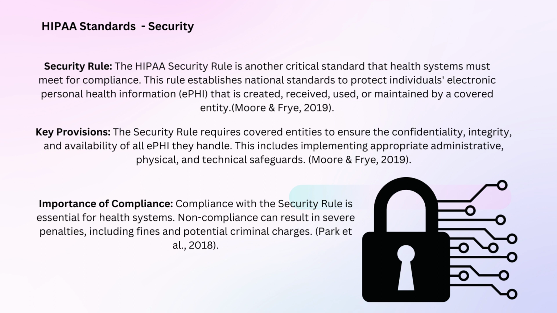The security rule requires covered entities to ensure the confidentiality, integrity, and availability. It includes implementing appropriate administrative, physical, technical safeguards. Administrative safeguards involve actions, policies, procedures, of course, to manage the selection, development, implementation, and maintenance of security measures.